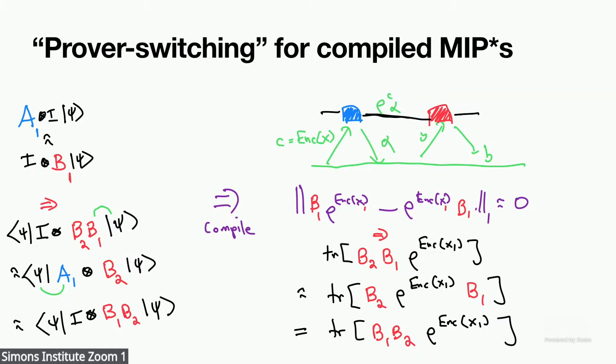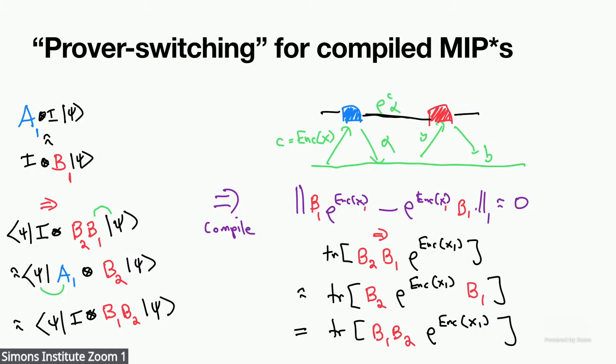Now, using this, I can commute the B1 past the B2. How do I do that? Well, I have B2, B1 acting on psi. I convert B1 times psi into A1 times psi by applying this equation. So now I have the A1 sitting in the first tensor factor over here.